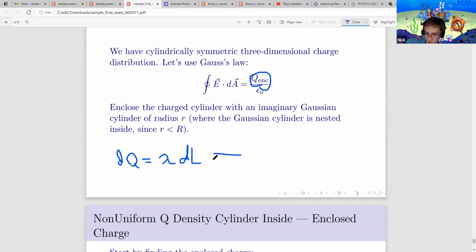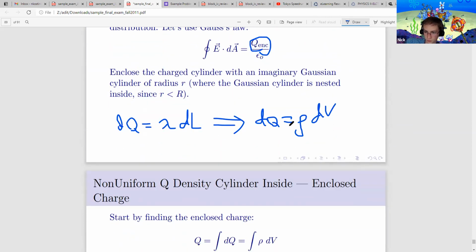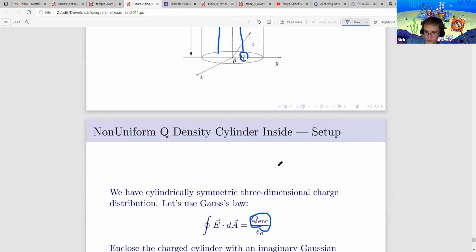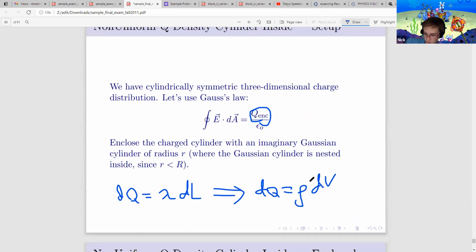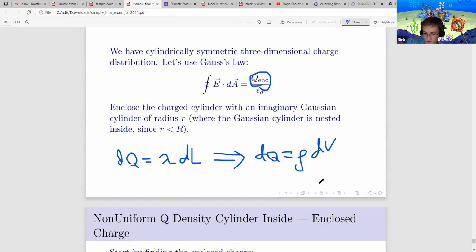So I want to use the three-dimensional analog to this equation, which is dq is equal to rho times dV, the differential volume. We are given a function for rho, and we're not given dV. We're almost never given dV, so we have to solve for dV.